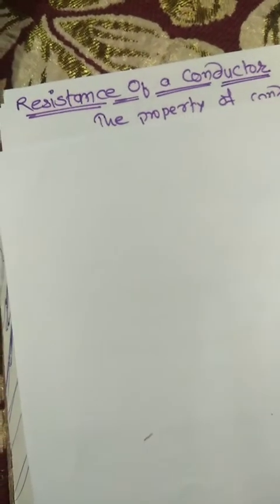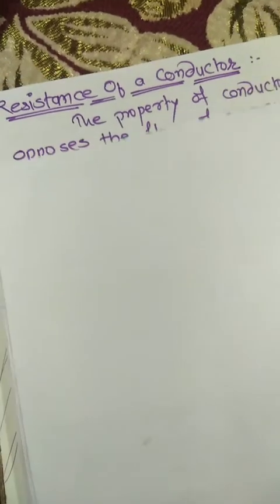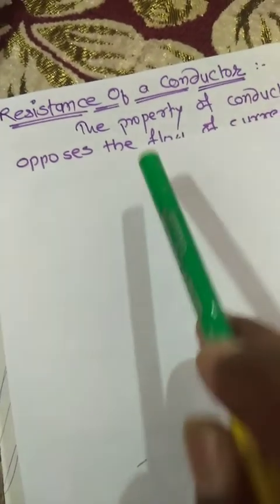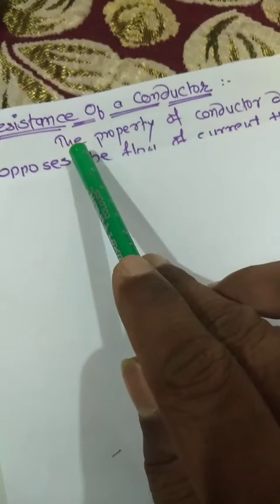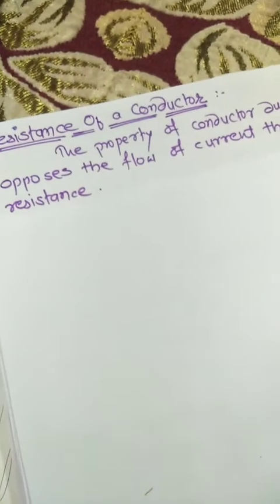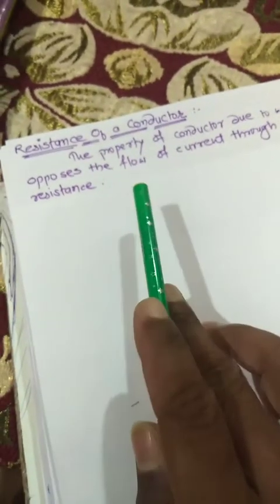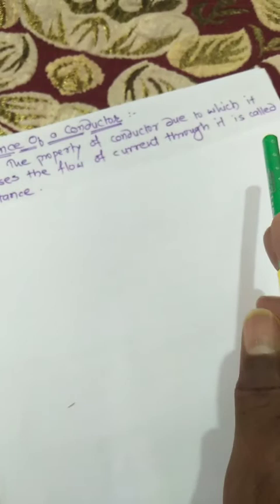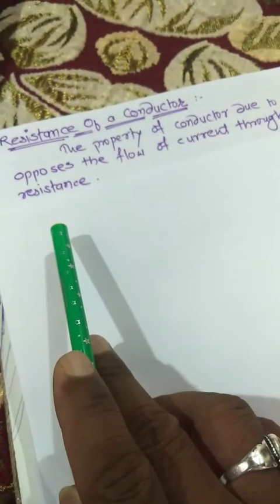I repeat, the property of a conductor due to which it opposes the flow of current through it is called resistance.